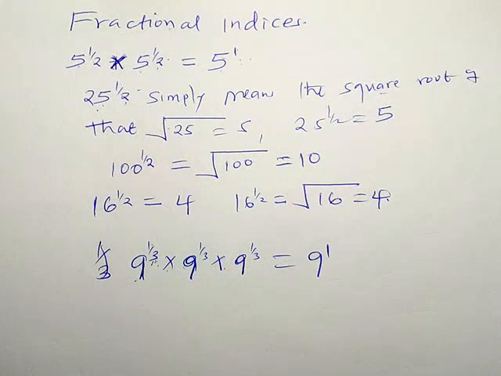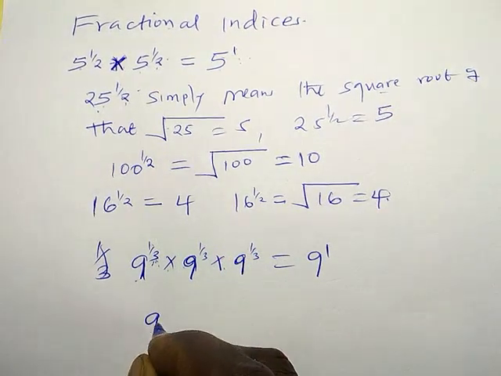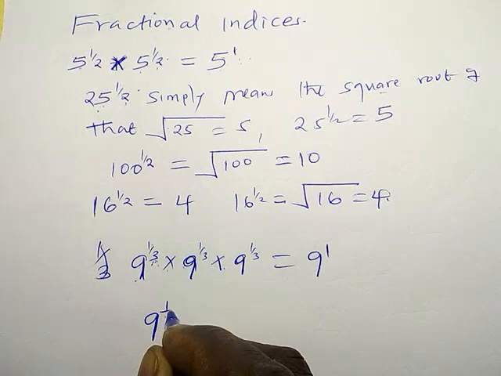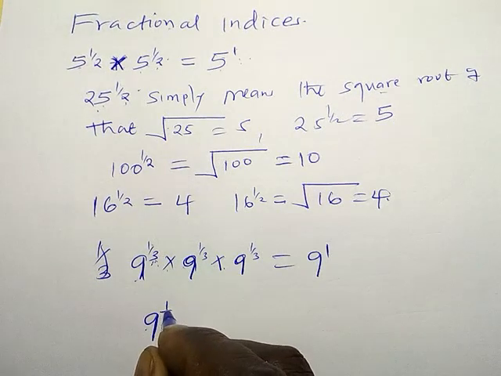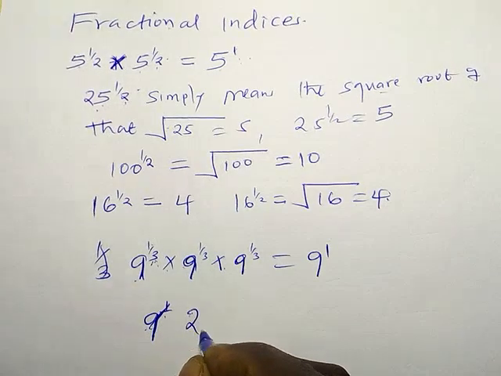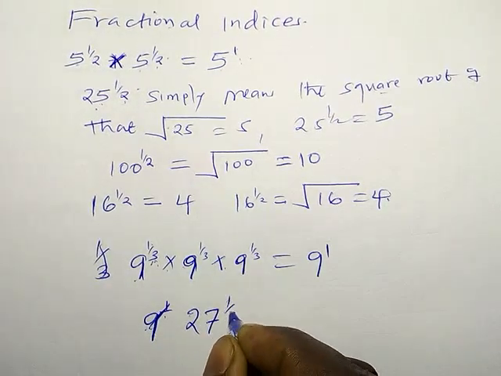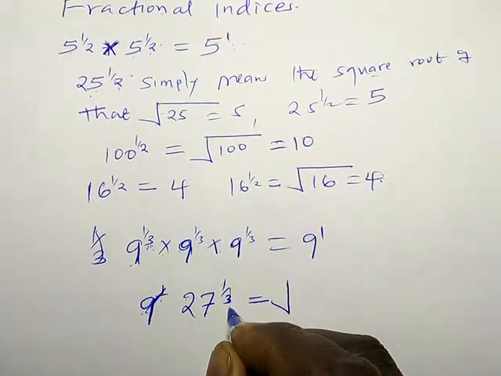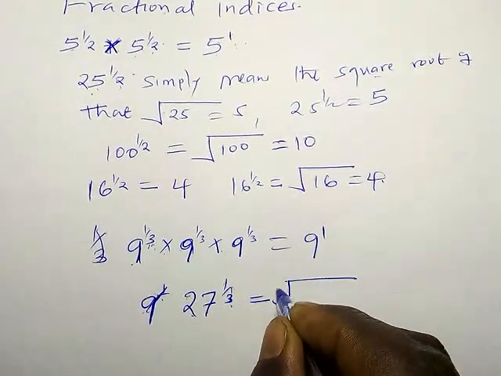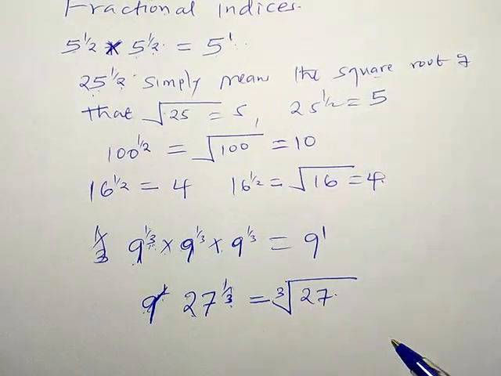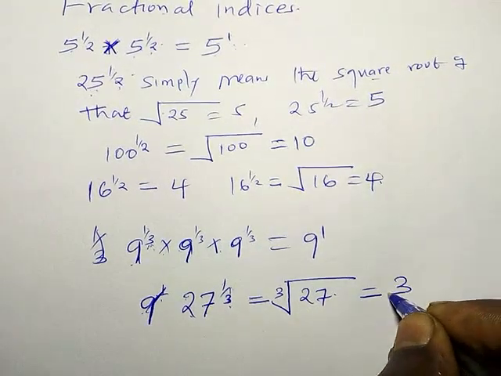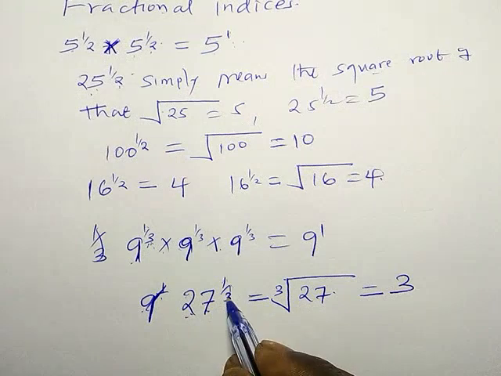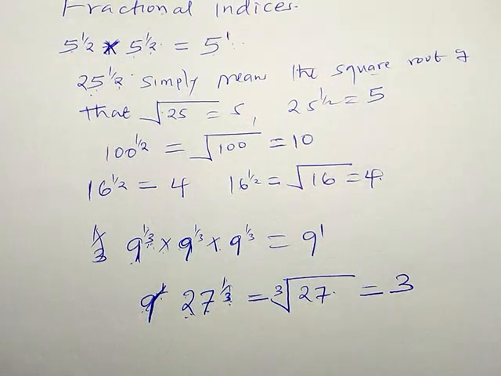Now 27 raised to power a third simply means the cube root of this number, and the answer is 3. So 27 raised to power a third, the answer is 3. It simply means the cube root of that number.